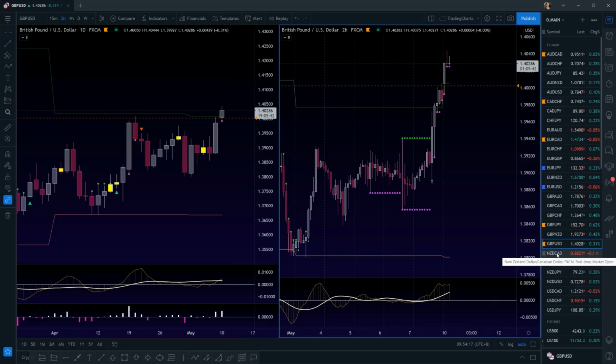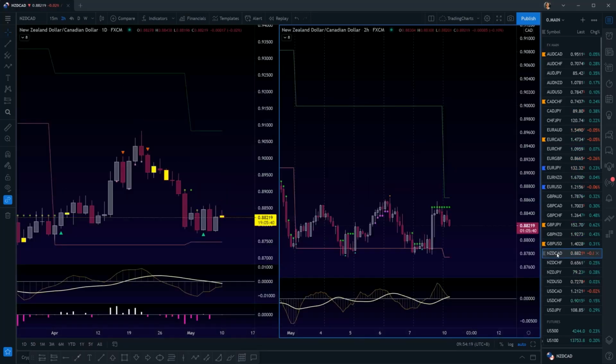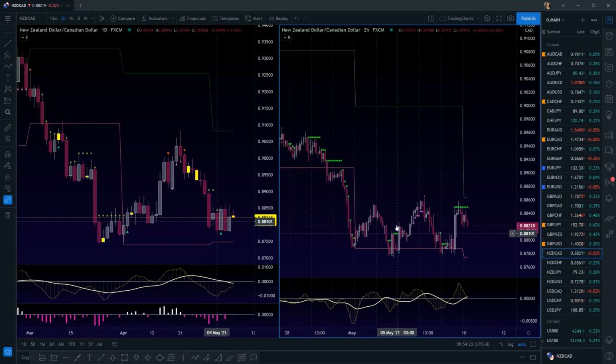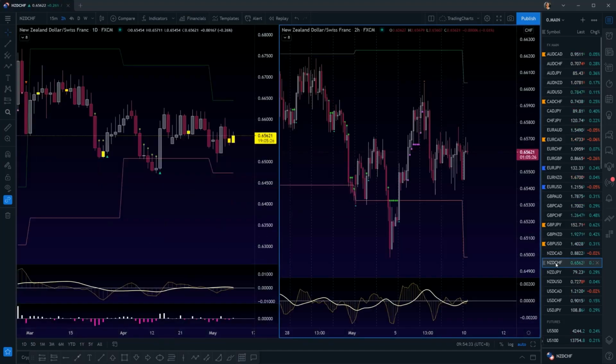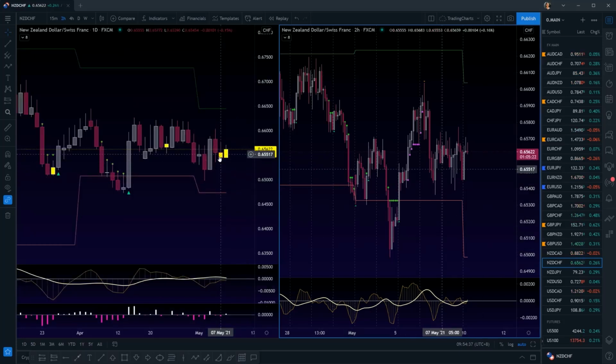Okay, so let's go New Zealand CAD. Yeah, range. I'm not gonna trade this today, definitely, no edge. We got a narrow range day. This is an NR7, narrowest range in the last 7 days.